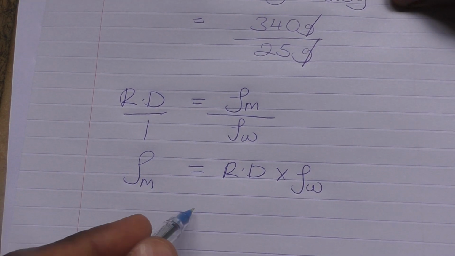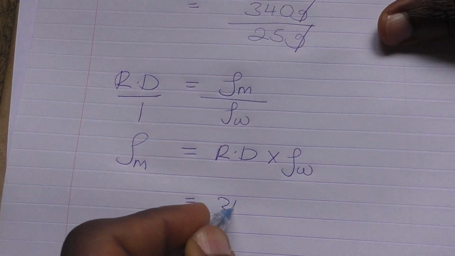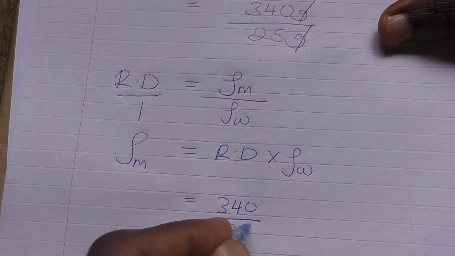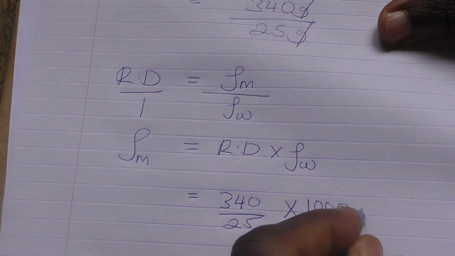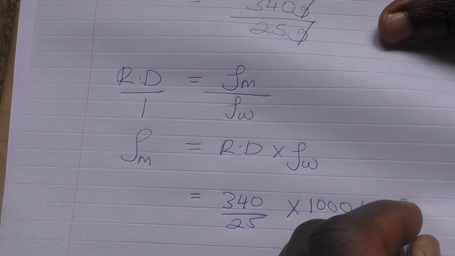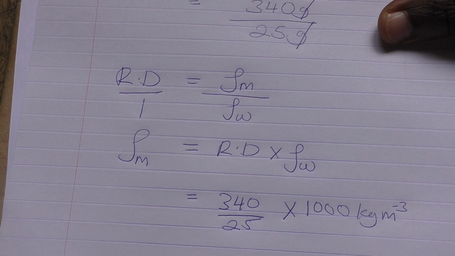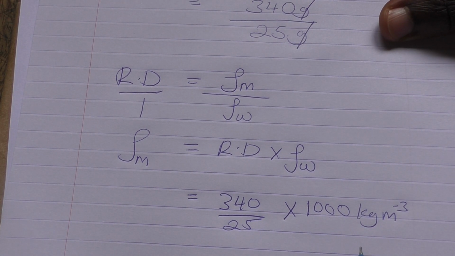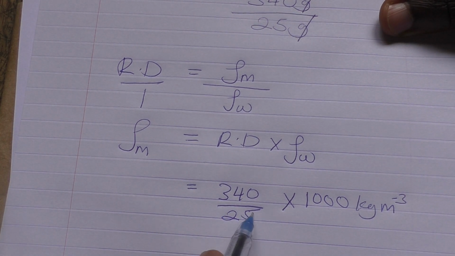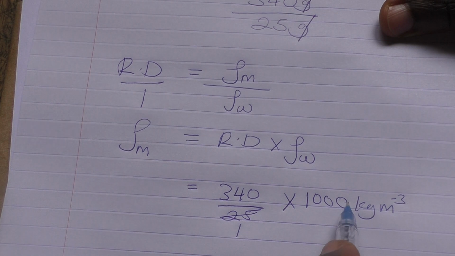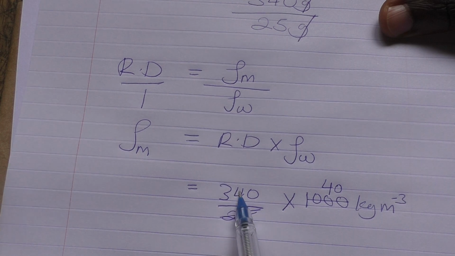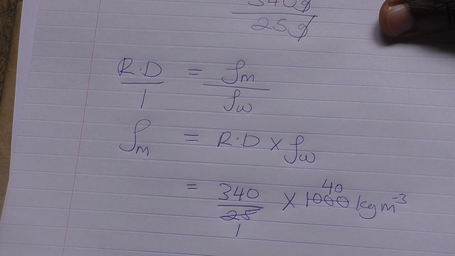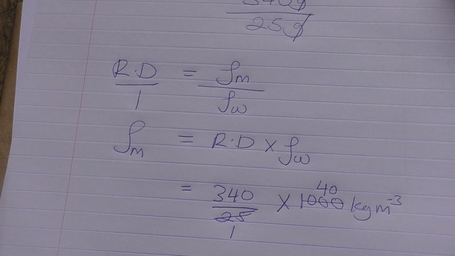The relative density is what we have just gotten, which was 340 over 25, times the density of water, which is 1,000 kilograms per cubic meter, or we can use 1 gram per cubic centimeter. And therefore, when we divide this by 25, we multiply to get the density of mercury. That is how we shall get the density of mercury.